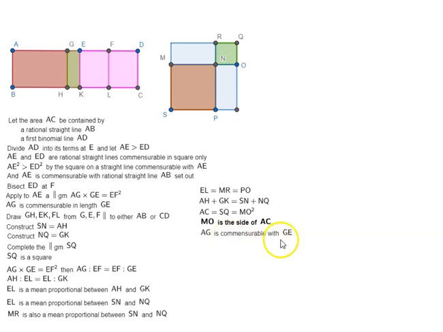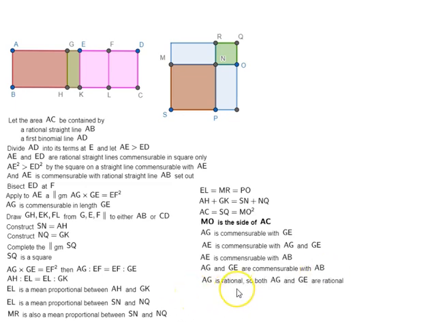Now AG is commensurable with GE. Here we have already shown that AE is commensurable with AG and GE. If AE is commensurable with GE, that means the sum is commensurable with a part, then the sum is also commensurable with the other part. AE is commensurable with AB. That means AG and GE are commensurable with AB.